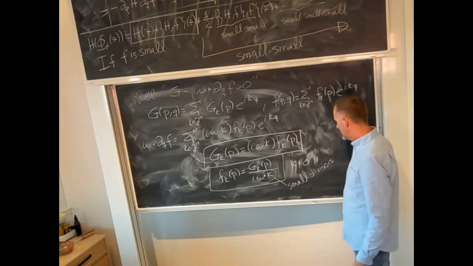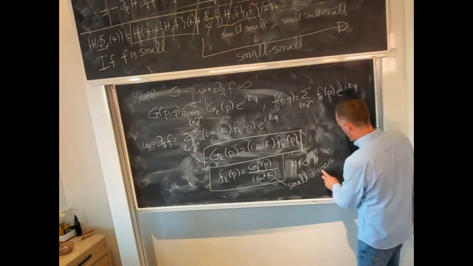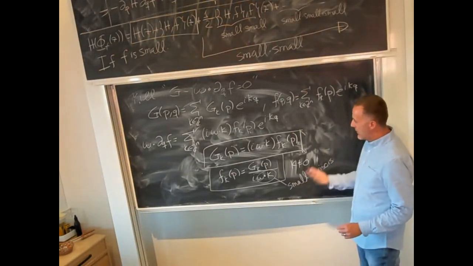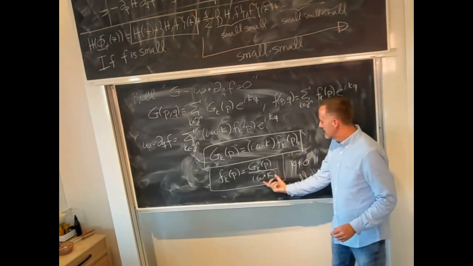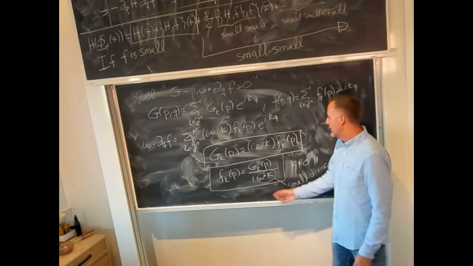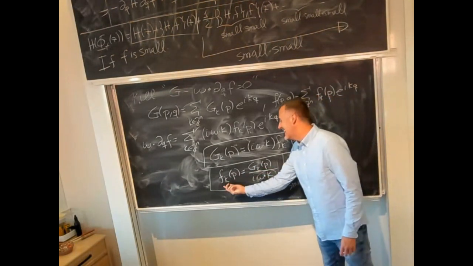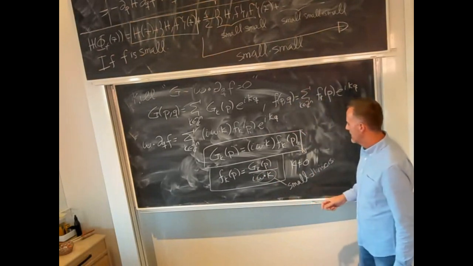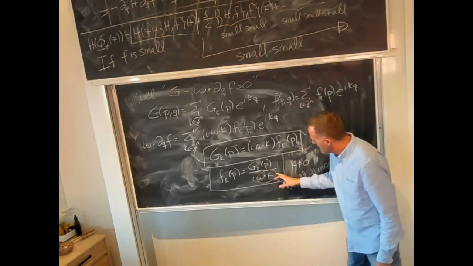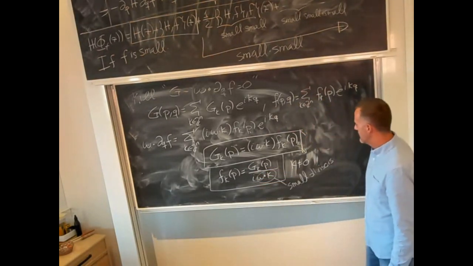But if one chooses omega to be Diophantine, this cannot be super bad. This cannot be super small. So if this is small, this is likely almost as small as this one. You don't pay too high a price because of this.